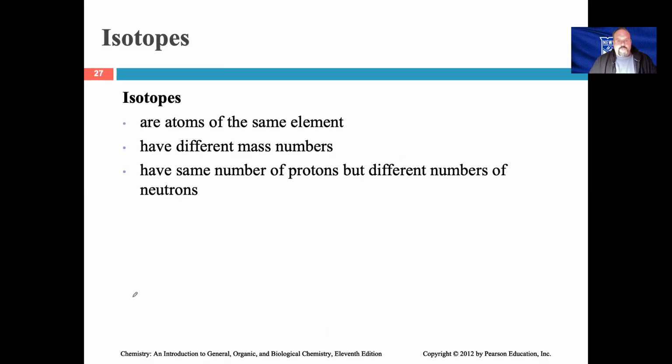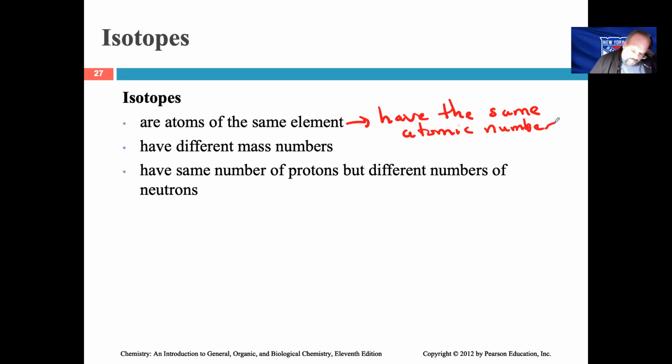So isotopes are atoms of the same element. Isotopes of an element have the same number of protons. They have the same number of electrons. So since they are atoms of the same element, they have the same atomic number. However, isotopes of an element have different numbers of neutrons.